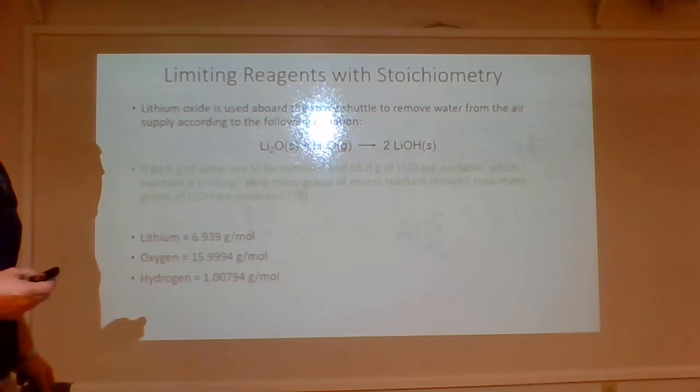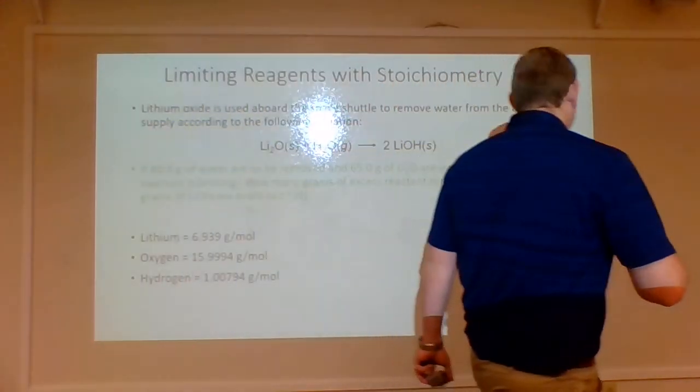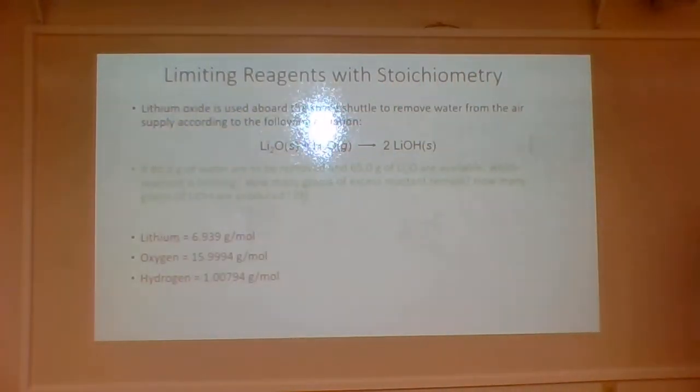All right, so let's work through an example. Lithium oxide is used aboard the space shuttle to remove water from the air supply according to the following equation: Li2O plus H2O gives us 2 LiOH. If 80 grams of water are to be removed and 65 grams of lithium oxide are available, which reactant is limiting?